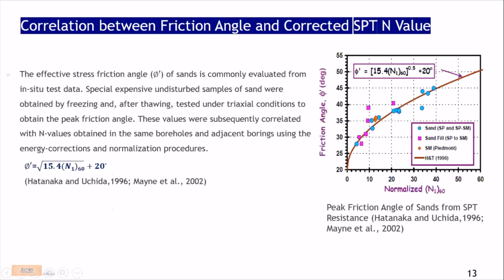And also, different researches and investigations have shown that there are correlations with friction angle. That's the SPT corrected and SPT N values have been correlated with friction angles. Hatanaka and Uchida 1996 gave this relationship, so when you have your N160 value, you can get the peak friction angle.